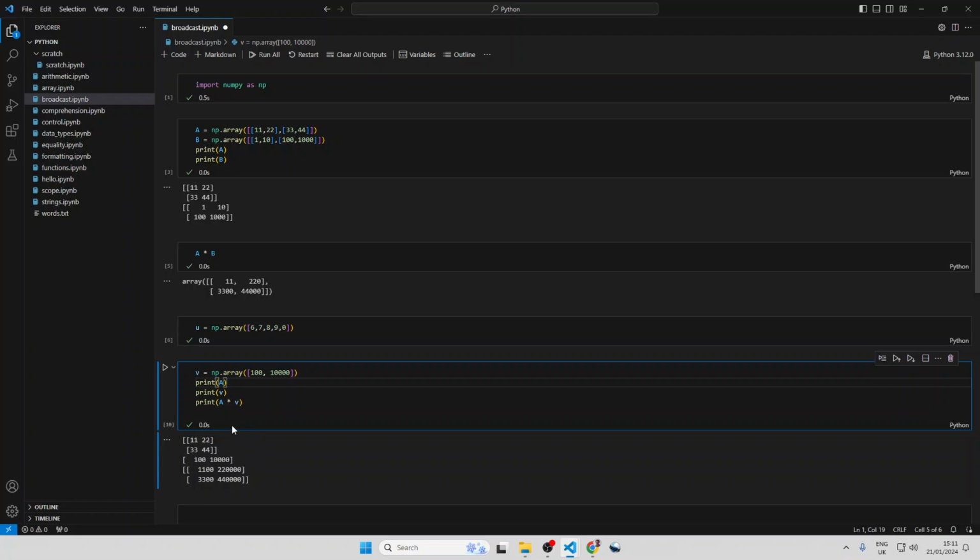So these have different shapes. V is kind of a 1x2 thing, and A is a 2x2 thing.